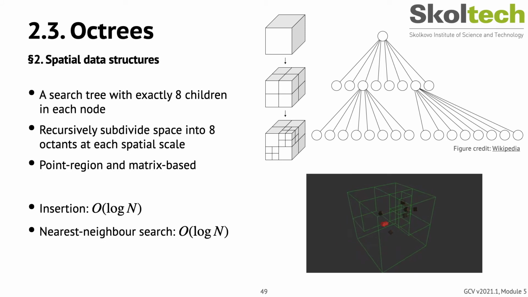In the matrix-based octree, the subdivision point is implicitly the center of the space that the node represents. So you split it in half along each dimension. And the root of the matrix-based octree represents a finite bounded space, so the implicit centers are well defined.